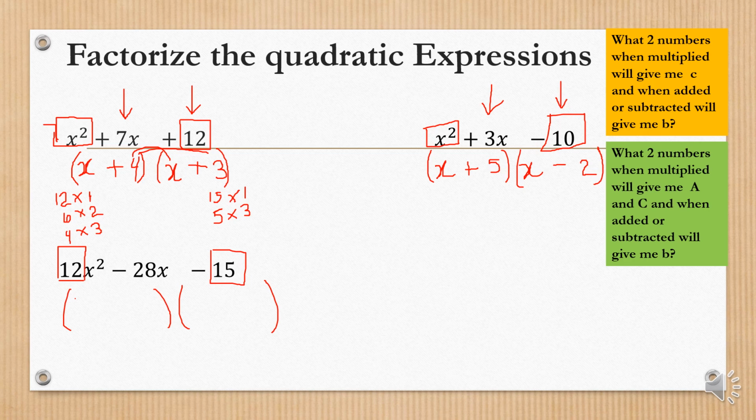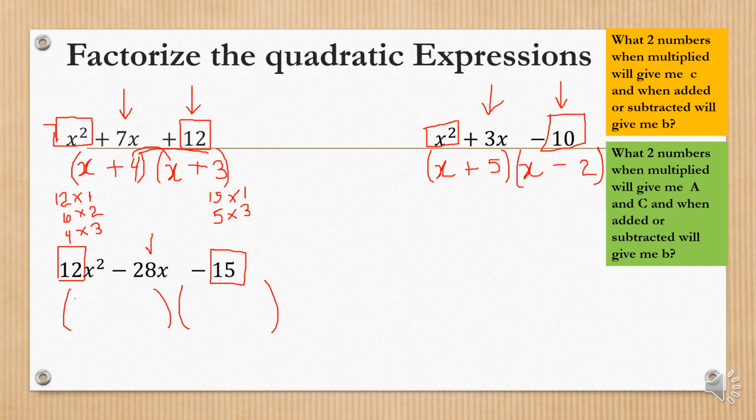How do I know which pair to use on the left and which pair to use on the right? I have to work it out. Okay, so the point is, I must be able to add or subtract the numbers that I used to get 12 and 15 to give me what C is.